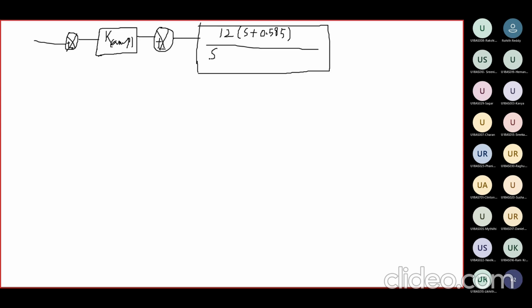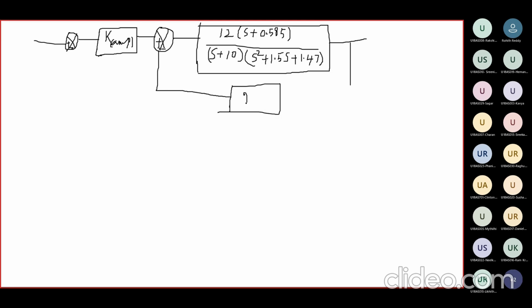Divided by (s plus 10) into (s square plus 1.5s plus 1.47). Then from that we get the pitch rate feedback, the rate gyro sensitivity value, which we found to be 2.5.